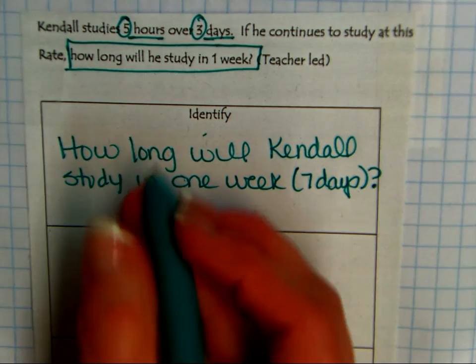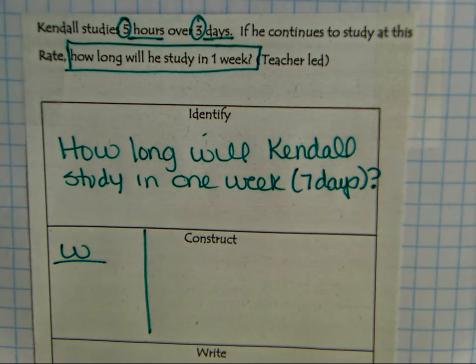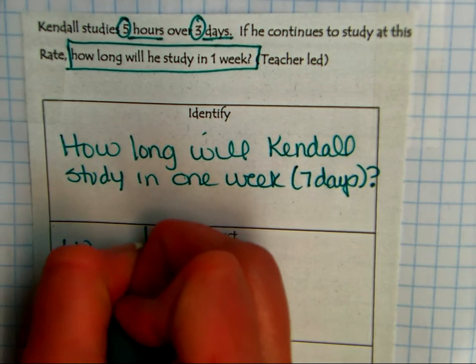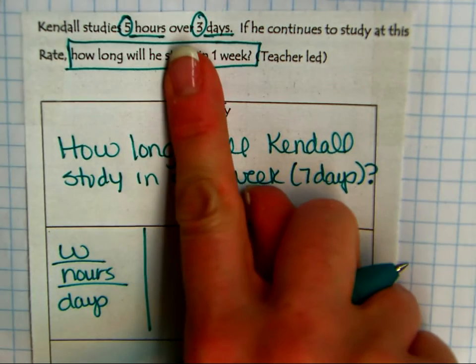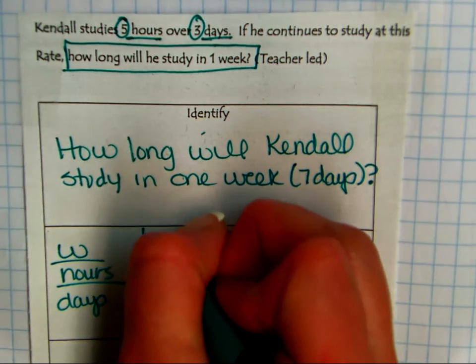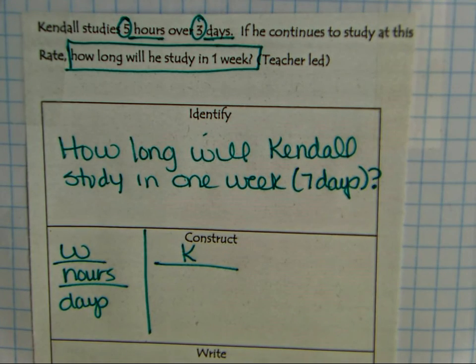Okay, so we're going to start off with our W, what we know. Well, I know the hours and the days. We're comparing how many hours he studies to how many days. Okay, so that's what we know. Then we've got what we need to know, or our word ratio.